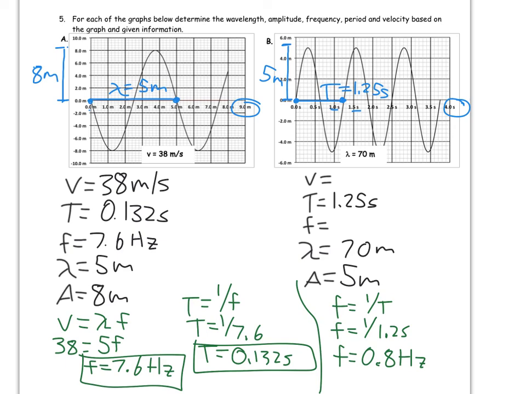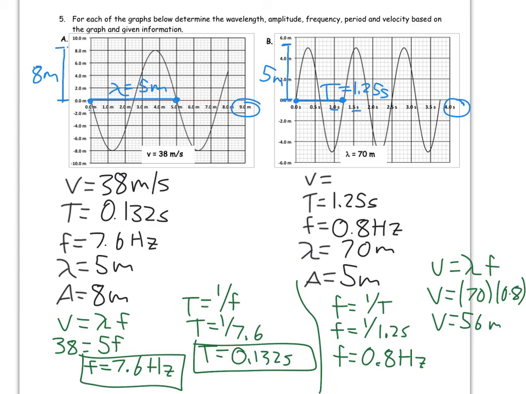And then from there, I can solve for the velocity of the wave. Velocity is just wavelength times frequency. So in this case, it's going to be 70 times 0.8. So I end up getting a velocity here of 56 meters per second. And now I have the second wave analyzed.